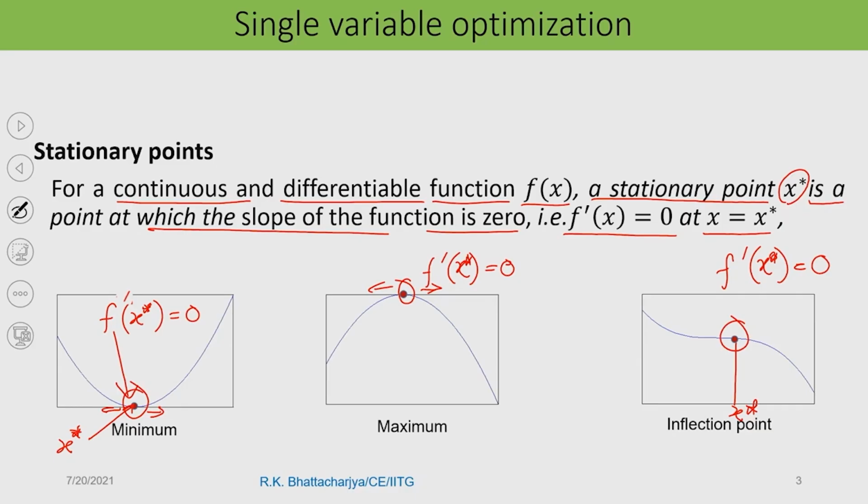But this is neither a maximum point nor a minimum point, because if you go right hand side, the function value will decrease, and if you go left hand side, the function value will increase. Therefore, this particular point is neither a minimum point nor a maximum point, but this is an inflection point, and we call it inflection, but this is also a stationary point.